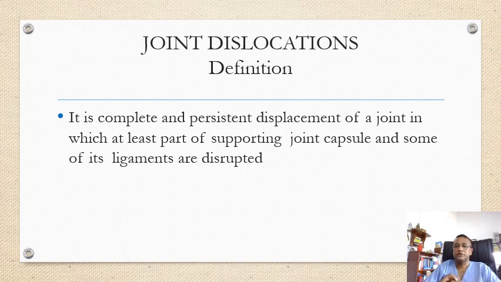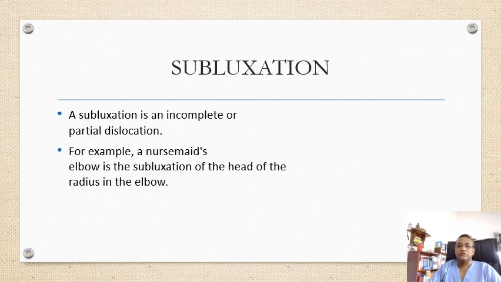That means a dislocation. Now we should know the difference between dislocation and subluxation. Here the key terms are complete, persistent, and there might be some disruption to the joint capsule and ligaments. Subluxation means it is not complete, it is an incomplete, partial dislocation of a joint.